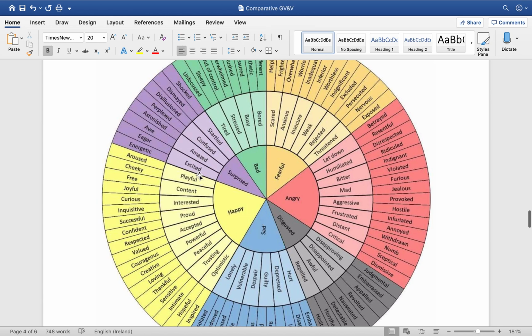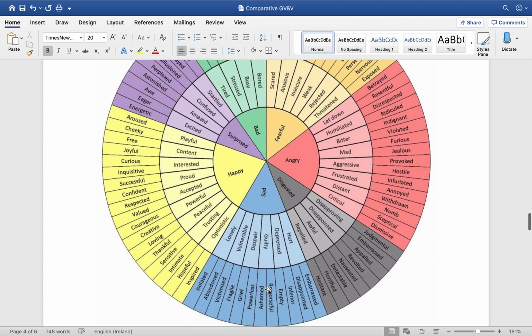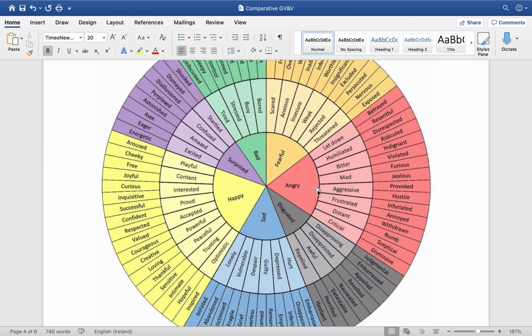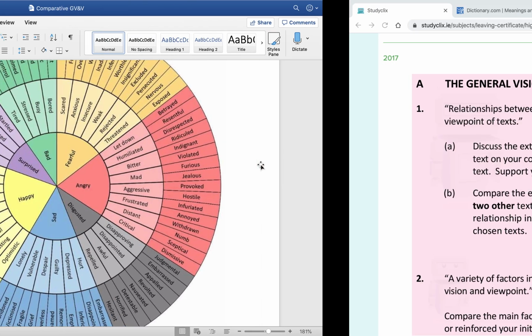Happy, of course, is going to be positive, and sad is generally considered negative, but these are just some things that we can branch out into to make our general vision and viewpoint a little bit more like a detailed vision and viewpoint. Yes, we do want it to be general, but we can also go into more detailed synonyms around here as well.